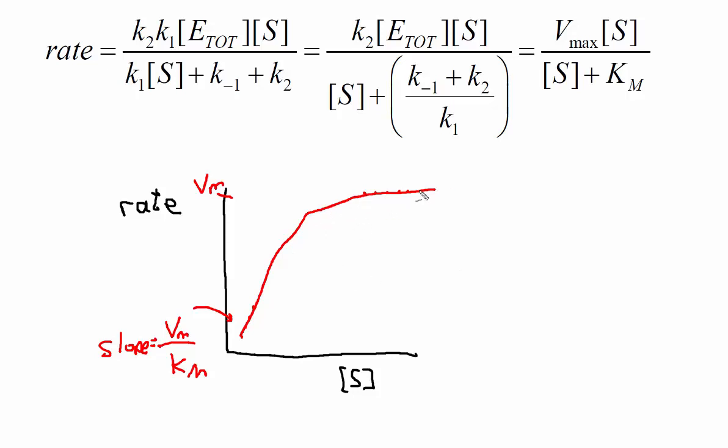On the other hand, you can't start out with too much substrate, because if you were to begin the experiment, let's say in this region right here, you'll not get the initial slope, and so you'll not be able to get Km. So it's very important when studying enzyme kinetics to get a full range of substrate values in order to produce the data that's needed to verify this rate law and get the constants for it.